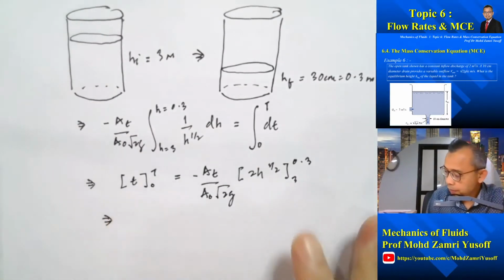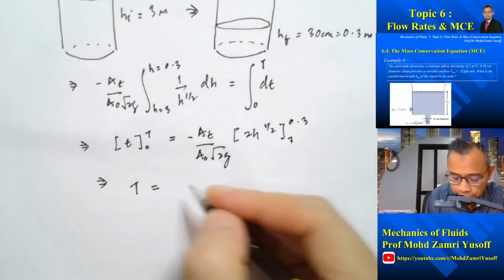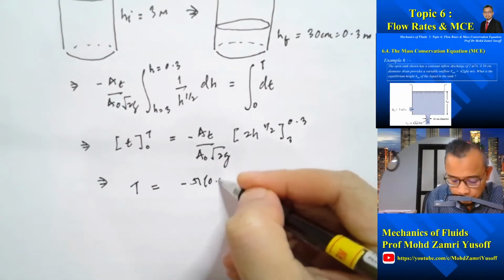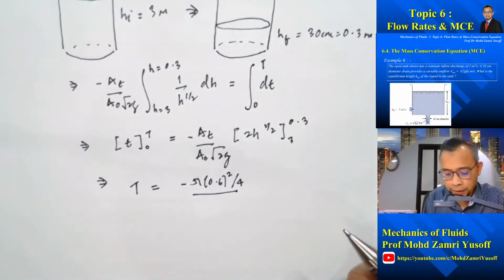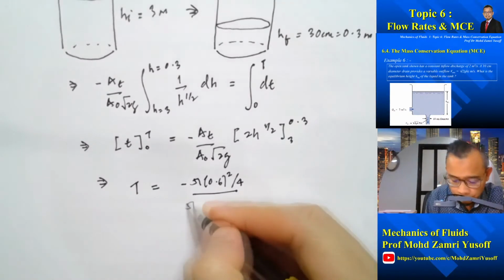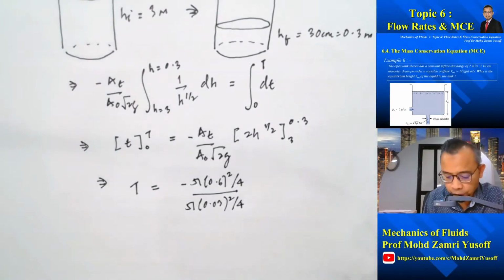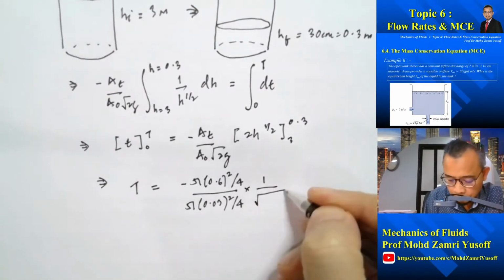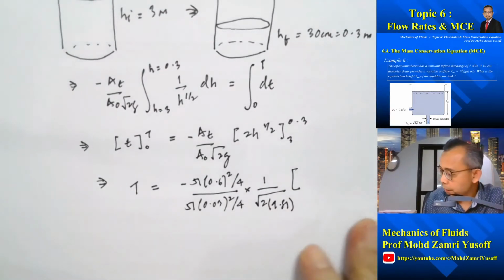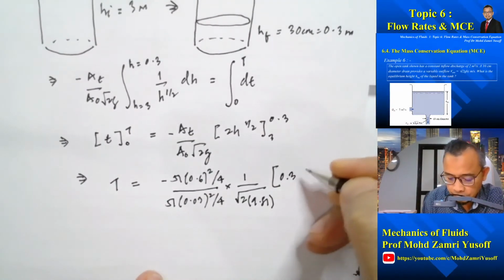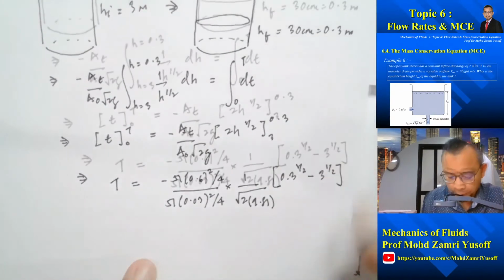This gives us T equal to the area of the tank, 0.6 squared pi over 4, divided by the area of the hole, 0.03 squared pi over 4, divided by root 2 times 9.81, multiplied by root 0.3 minus root 3, times 2.